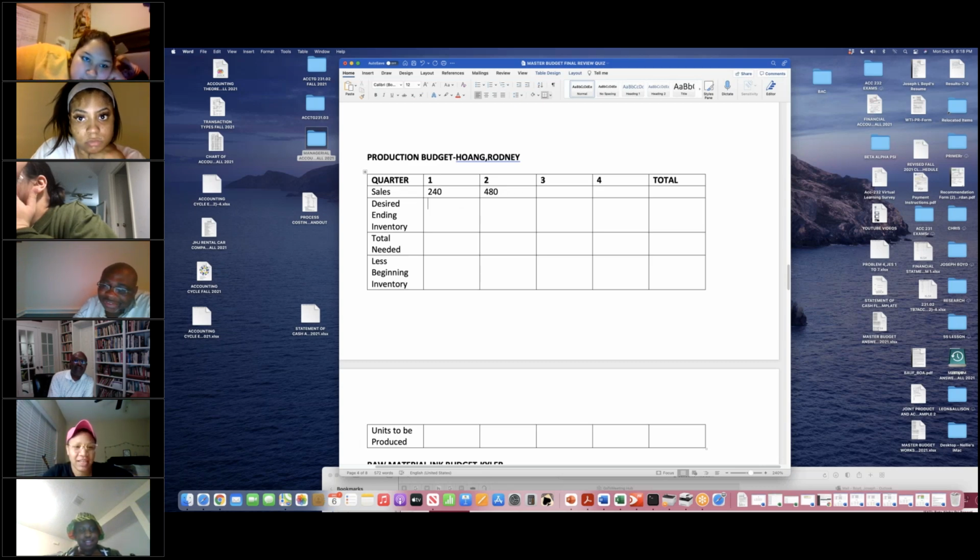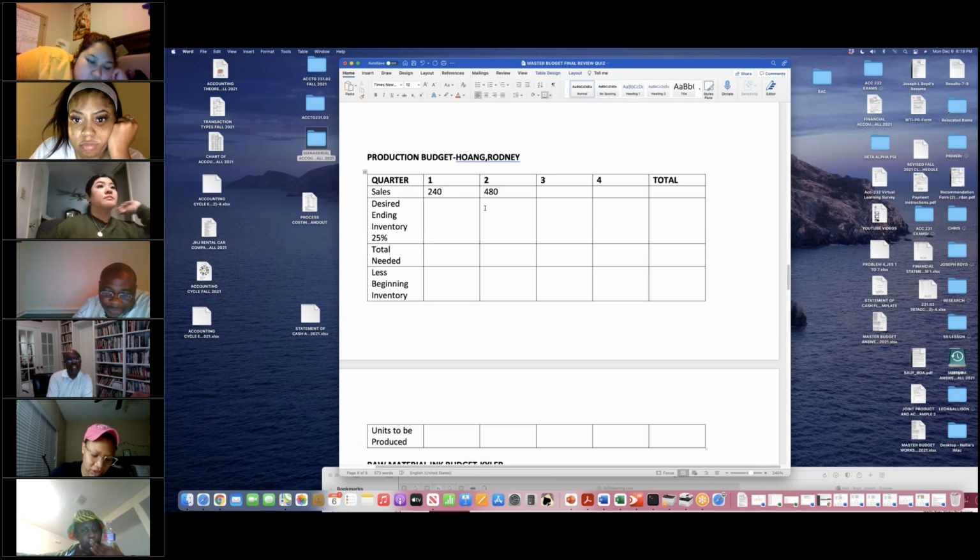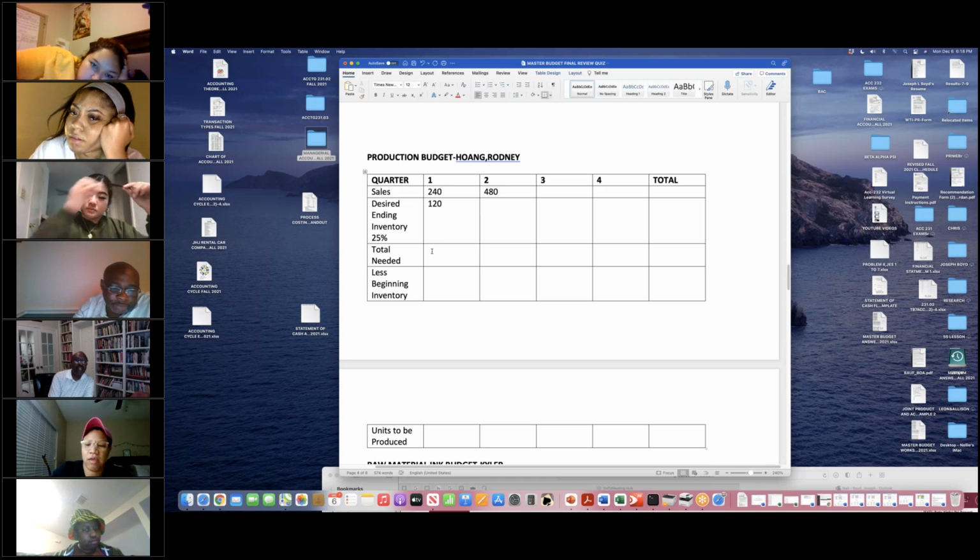It's 25%, you said 25%. So when we're in the first quarter, we got to get 25% of the second quarter. That's going to be 120. The total needed is what?